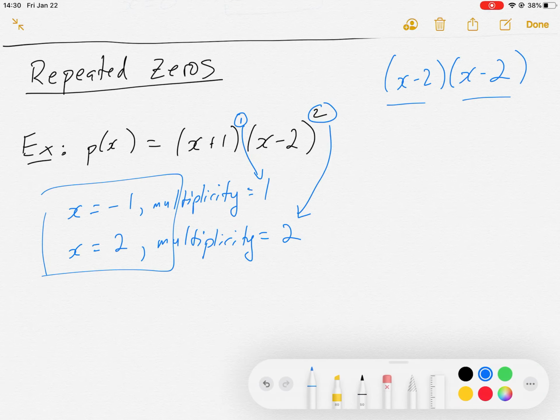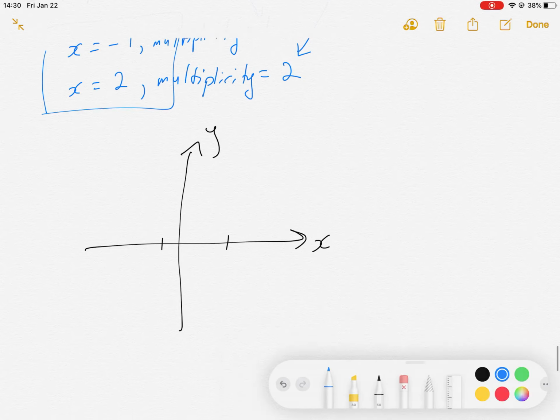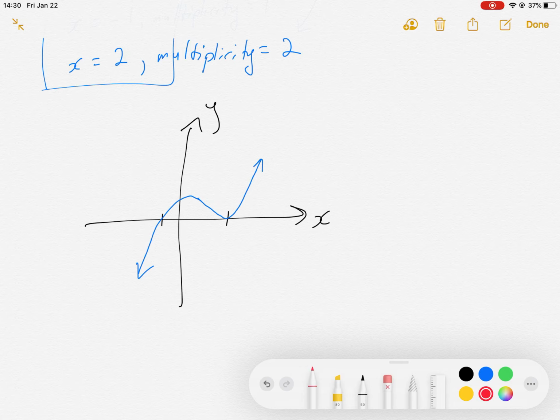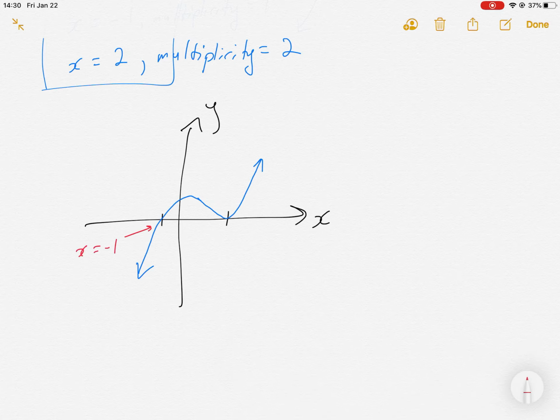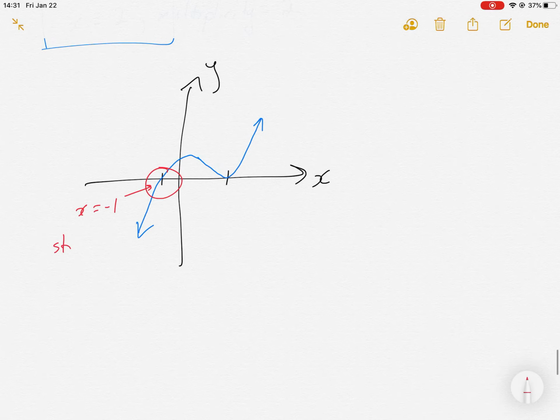And so what happens when you graph this is it actually looks a little bit strange. So I'm going to have -1, I'm going to have 2. And when I graph this function, it actually does this. So notice at -1 here, the graph just goes straight through.